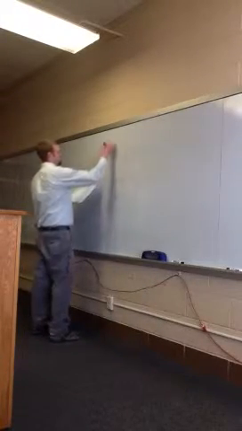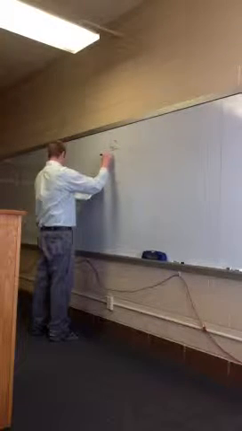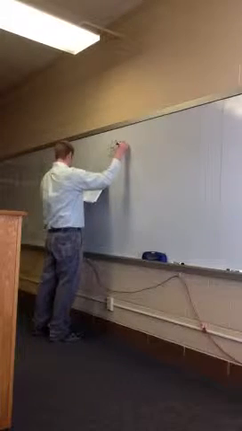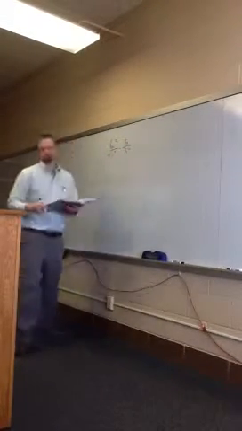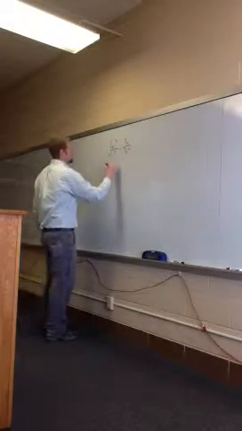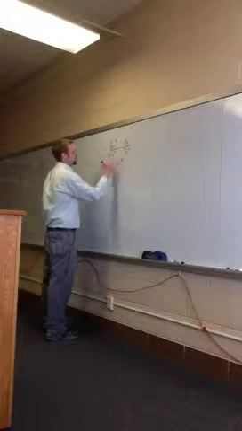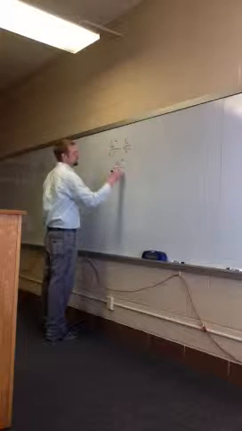We'll do another one just to make sure. 6x squared over 5y to the 4th times 3x over 7y squared. First multiply the numerator. So we've got 6 times 3 is 18x to the 3rd over 35y to the 6.